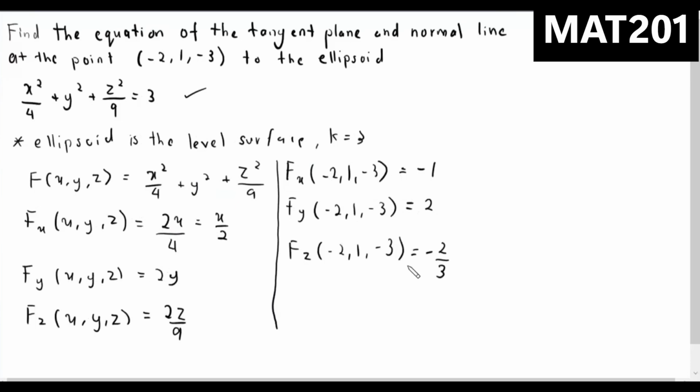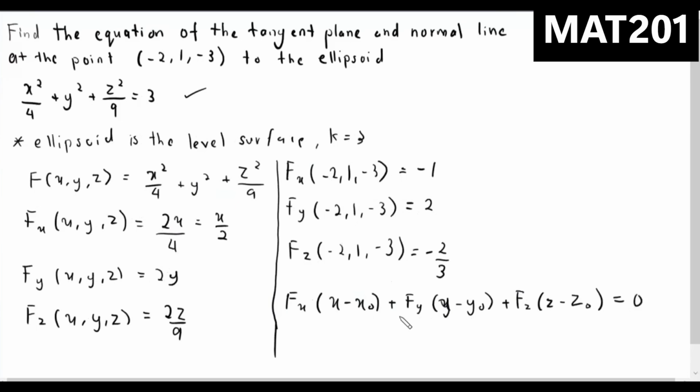So we have all the values required to construct the equation of the tangent plane. The equation of the tangent plane is given by this formula, I hope you still remember it: f sub x times (x minus x naught), plus f sub y times (y minus y naught), plus f sub z times (z minus z naught), equal to 0.